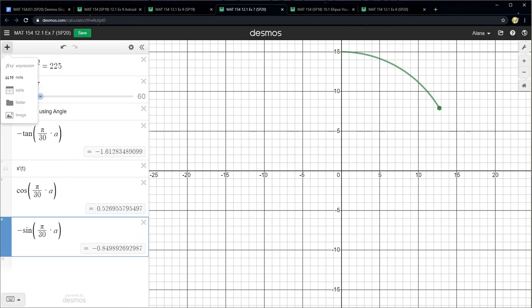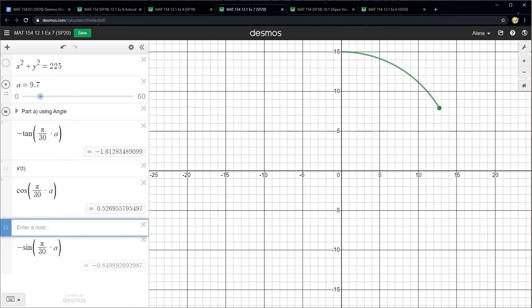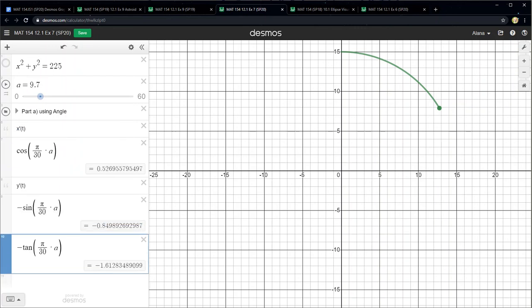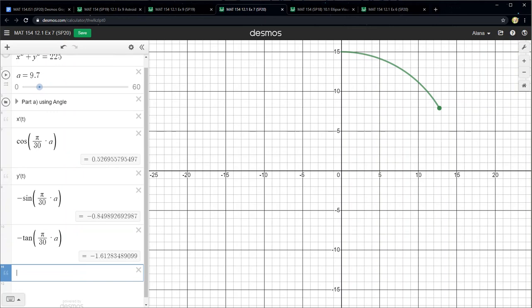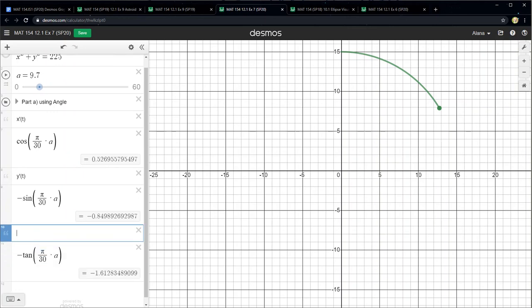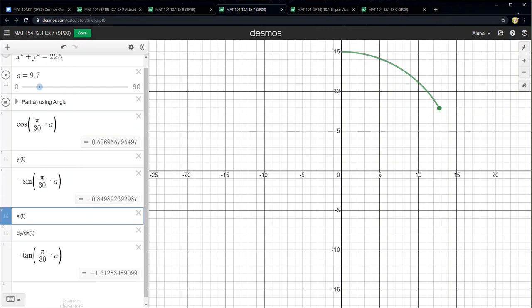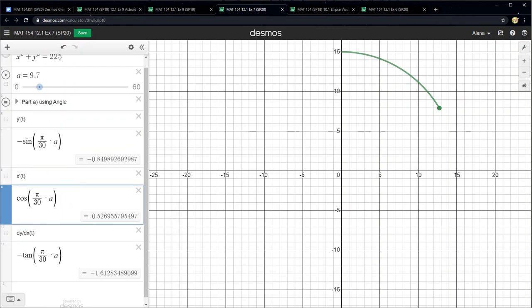And that means that dy dx, so here's y prime of t, and then dy dx, which is the ratio of the two of them, will also be negative because negative divided by a positive would be negative. Right, so this is dy dx at t. I should put the y first because it's y over x, right? So if I take this y value divided by this x value, negative divided by a positive is negative.